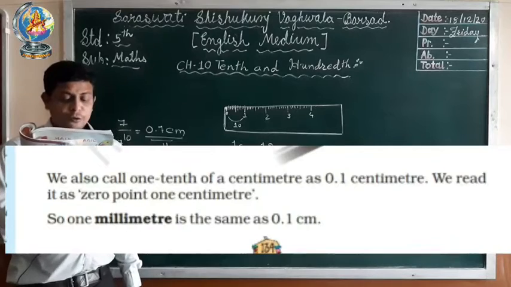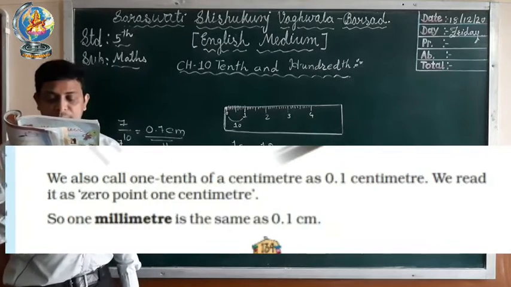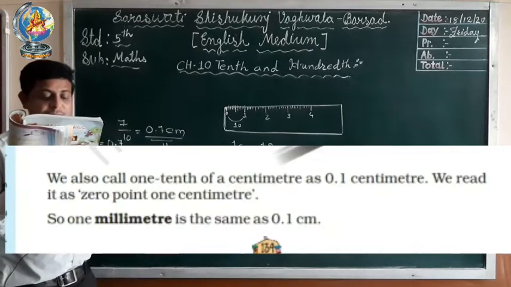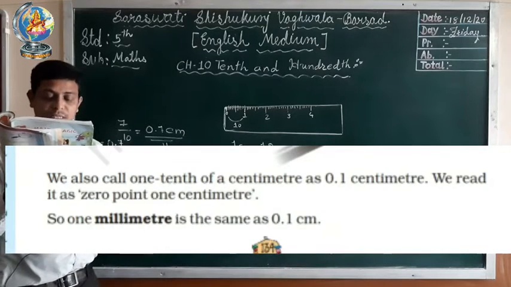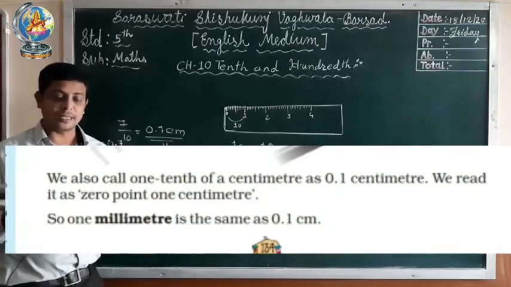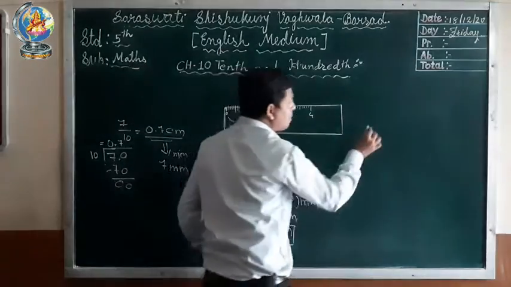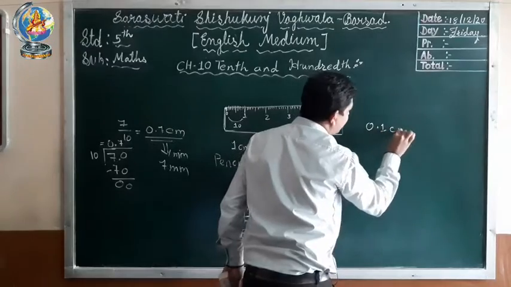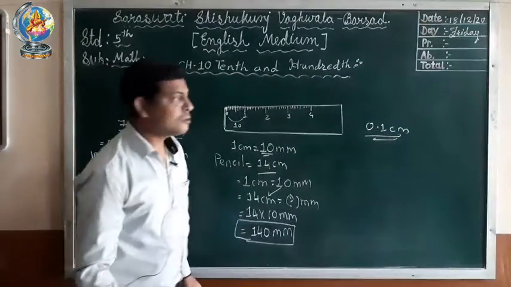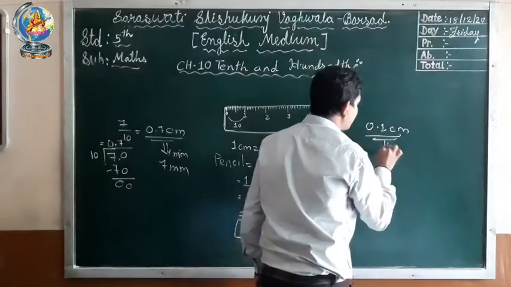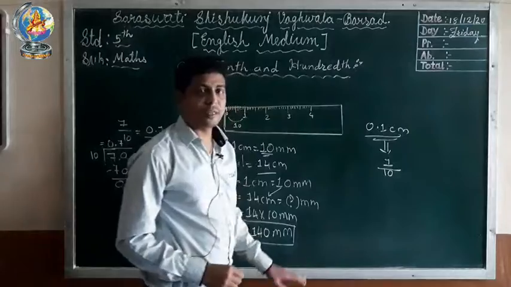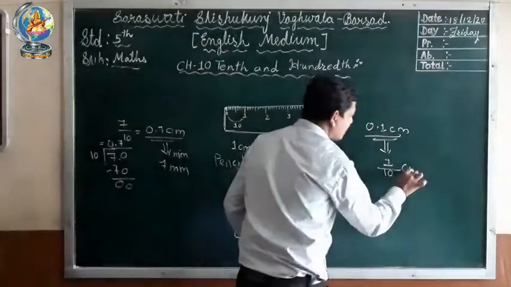Understood? We also call 1/10 of a centimeter as 0.1 centimeter. We read it as 0.1 centimeter. So 1 millimeter is the same as 0.1 centimeter. Okay. So 0.1 centimeter, we can also write like this, 1/10. 1/10 also we can write in centimeter.